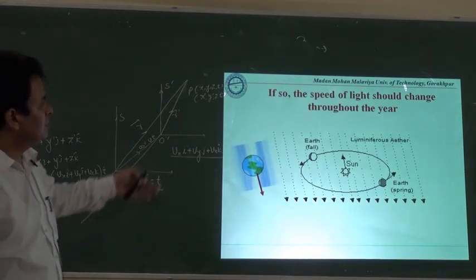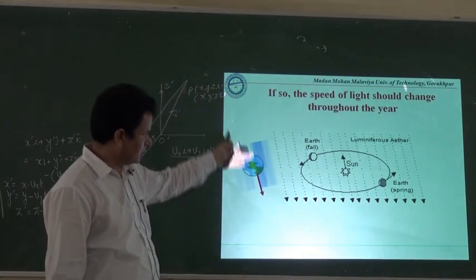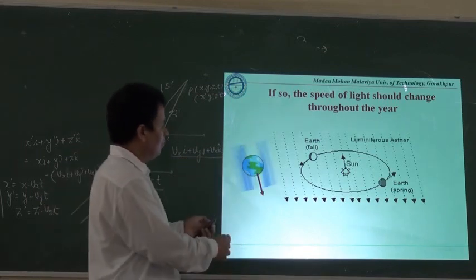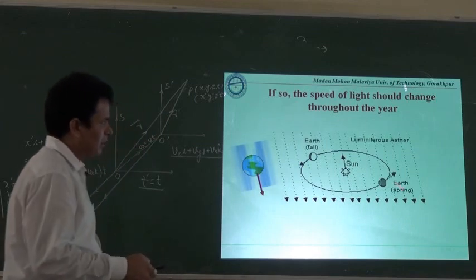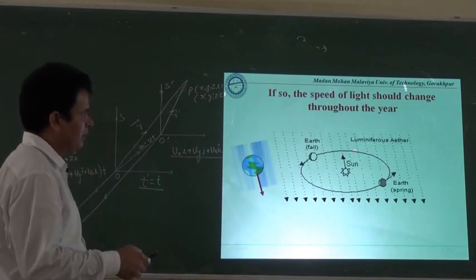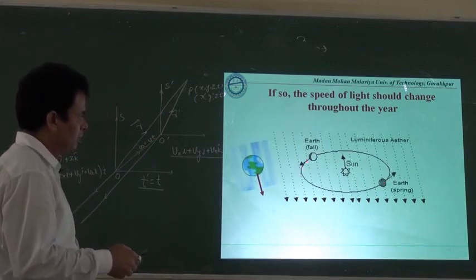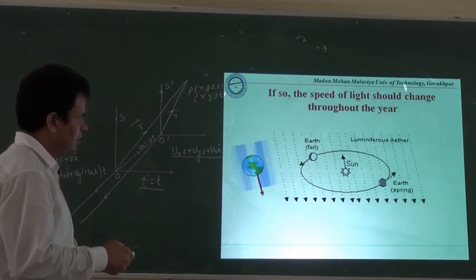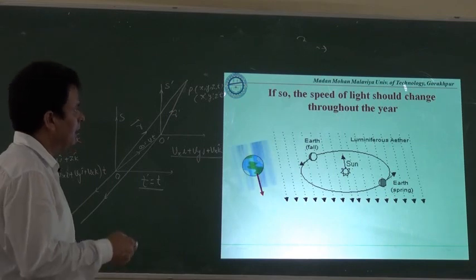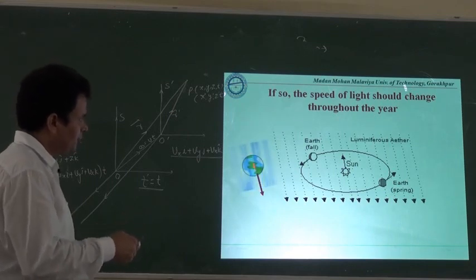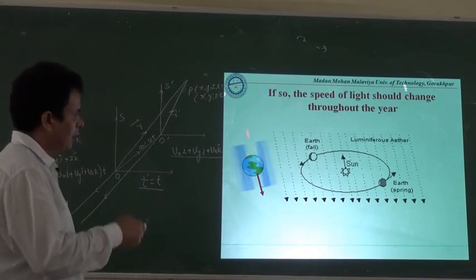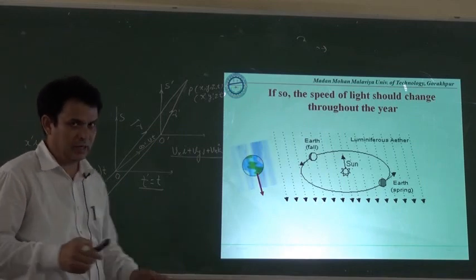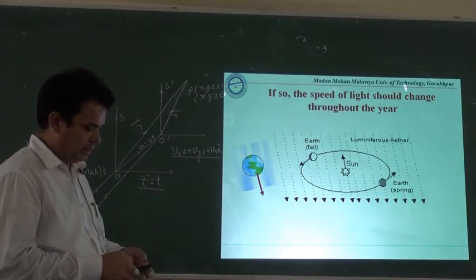For example, this is the stream of light coming here, and the Earth is continuously moving. When the Earth moves in the same direction as the stream of light, or the corpuscles of light, the relative motion will be C minus V.